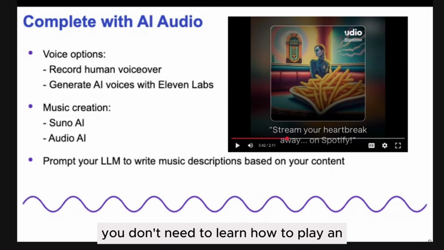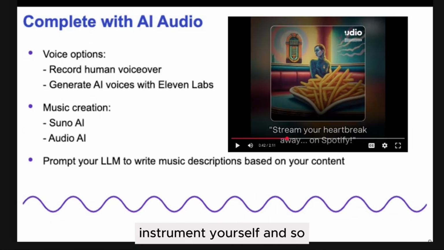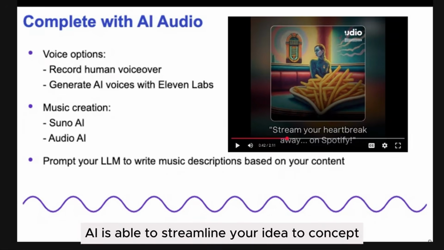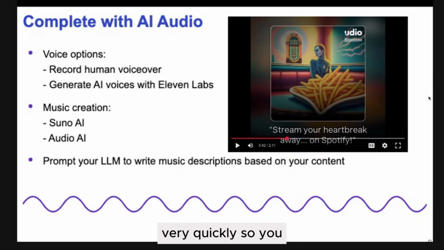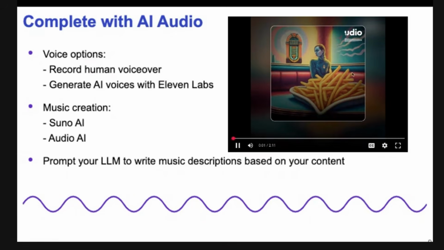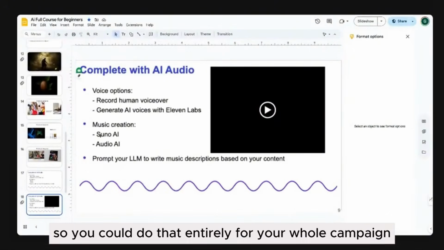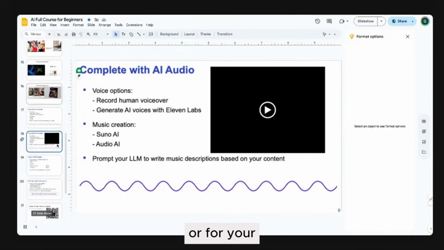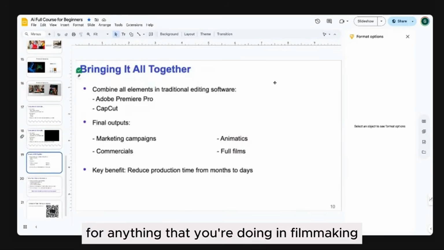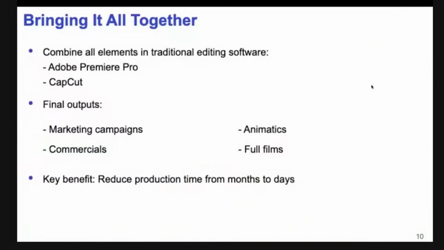You don't need to learn how to play an instrument yourself. And so AI is able to streamline your idea to concept very quickly. So you could do that entirely for your whole campaign, or for anything that you're doing in filmmaking.